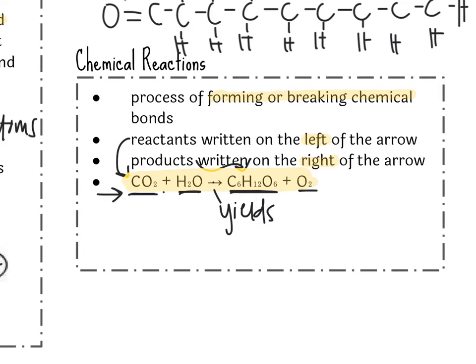And do you know what reaction this is for? What biological process? Let's break it down. What that you're familiar with takes in CO2, carbon dioxide, which is in the air, and takes in water and makes sugar and oxygen?